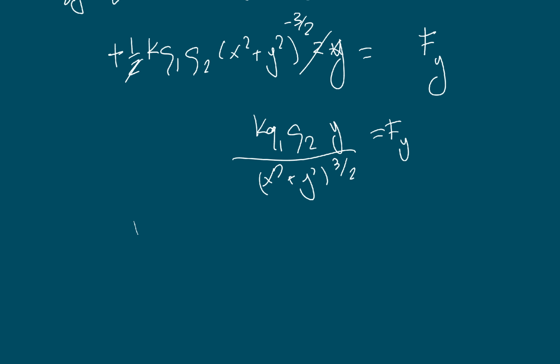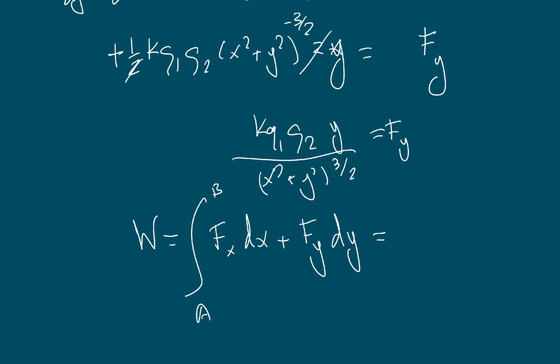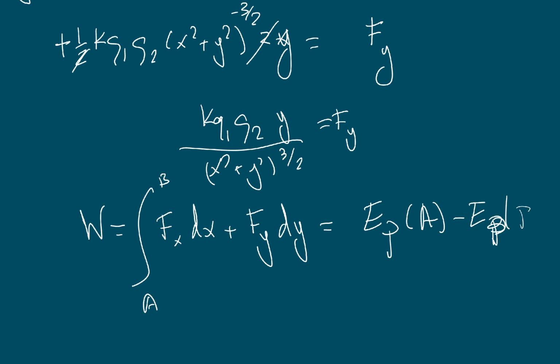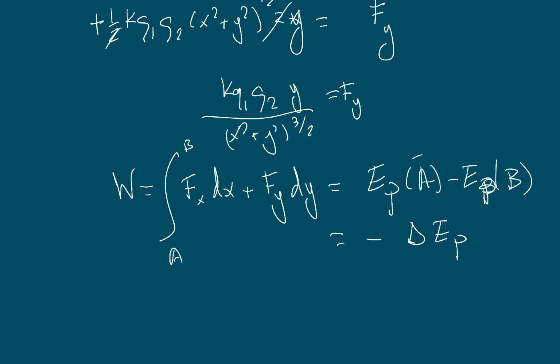I can say that the work done by a force going from point A to B is simply E sub p of A minus E sub p of B. So it is equal to minus the change in the potential energy, because the change in the potential energy is E sub p of B minus E sub p of A, but I'm writing E sub p of A minus E sub p of B. So it's minus the change.